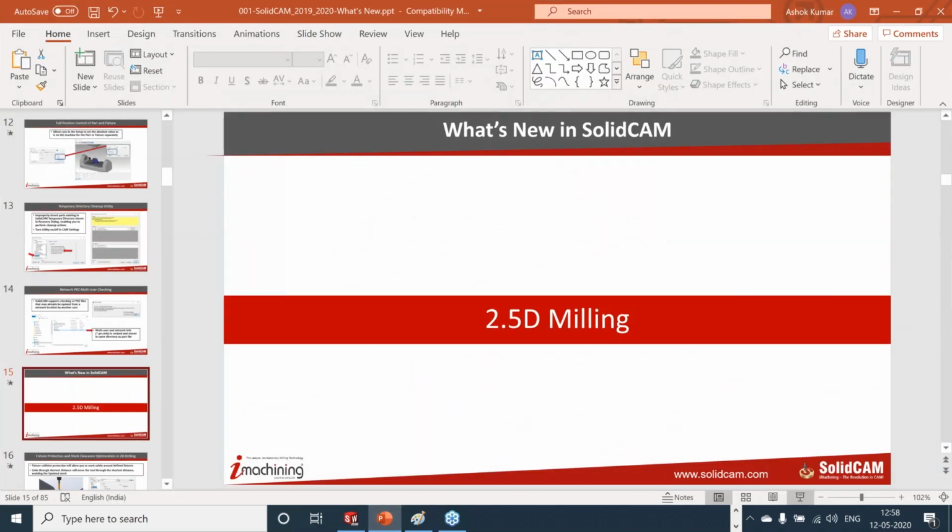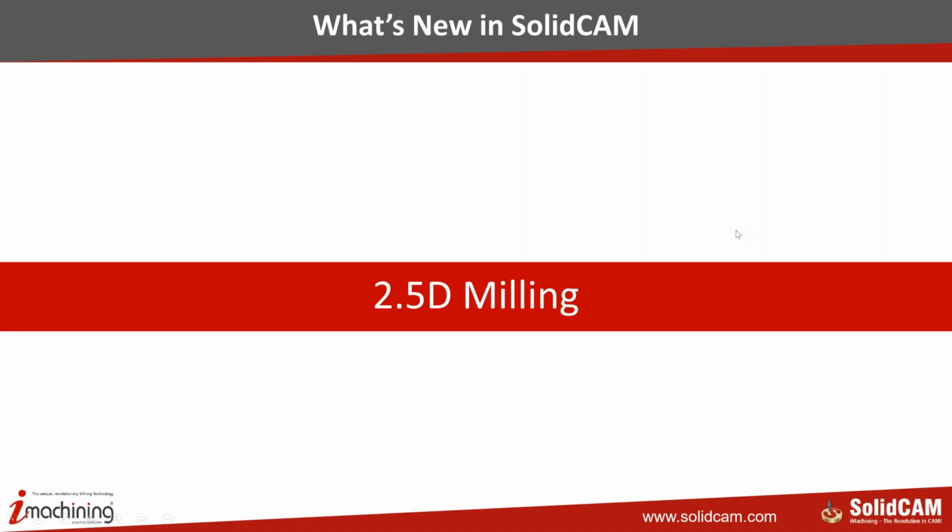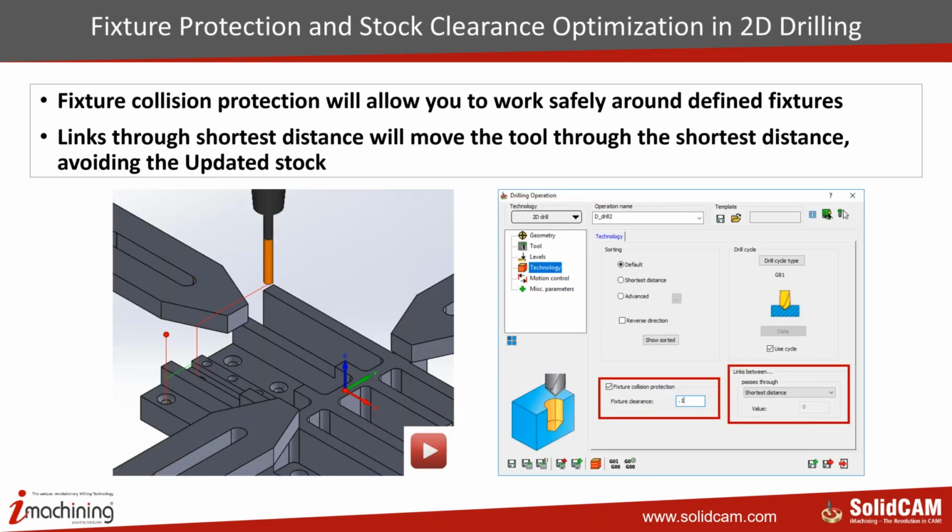So let's go ahead and see what new features are available in 2.5D milling. Now the fixture protection and stock clearance optimization is available for 2D drilling. You can define the fixtures. The links through the shortest distance will move the tool through the shortest distance, avoiding the updated stock, and it will also take care of fixture collision protection.